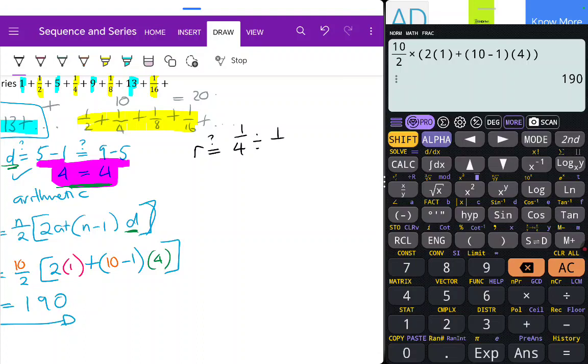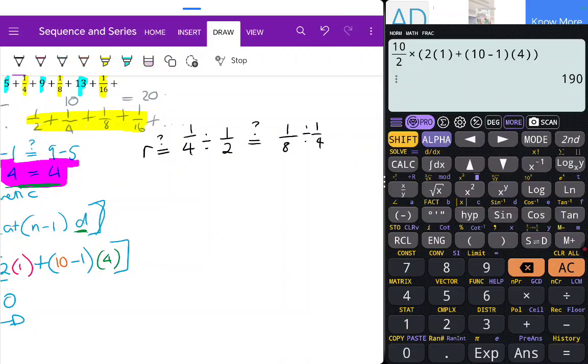Now what I'm going to do is say, is R equal to a quarter divided by a half? And is that equal to an eighth divided by a quarter? That's the question. So this means I'm saying a quarter multiplied by 2 over 1, and is that equal to an eighth multiplied by 4 over 1?